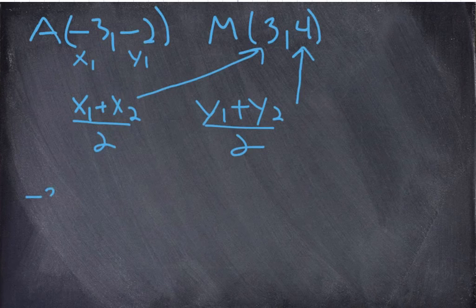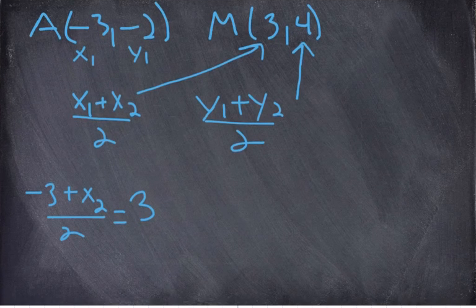So we have negative 3, which is x1, plus the other coordinate that we don't know, over 2 gives us the x coordinate for M, our midpoint. Now it comes down to doing the math to get x2 by itself. The algebraic way to solve this is to multiply by 2 on both sides.